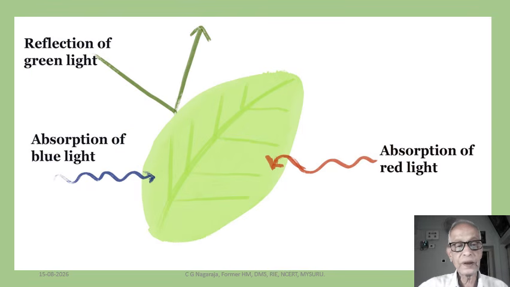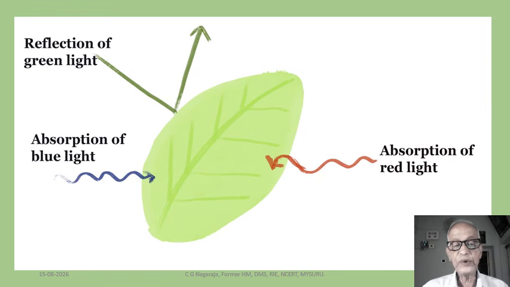This image shows you sunlight when it falls on the leaf. Sunlight has 7 colors or 7 regions where energy is there in different capacity, in different variations. It starts with violet, indigo, blue, green, yellow, orange, red.